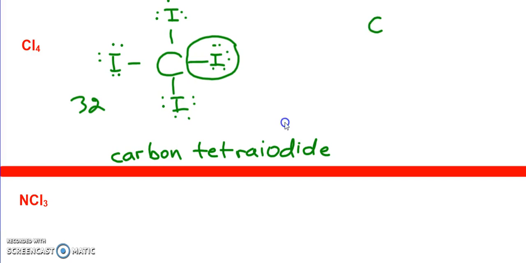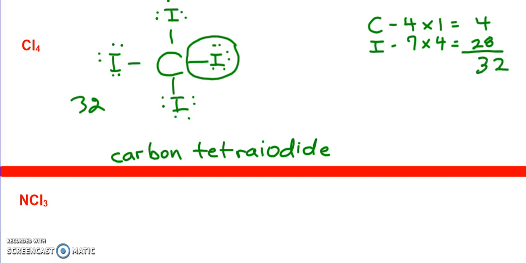So, carbon, valence 4 times 1 is 4. Valence for iodine 7 times 4, 28. Total, 32. If you get the same number, your valence structure is good.